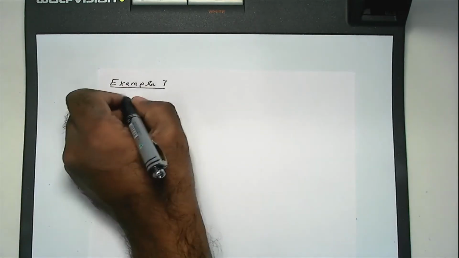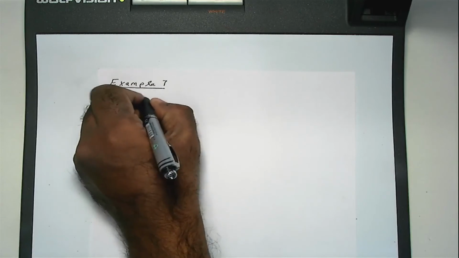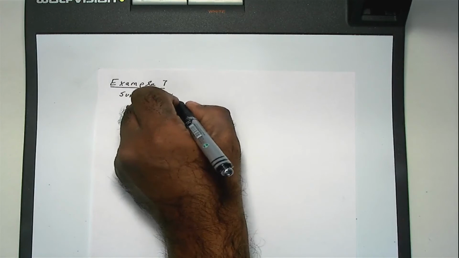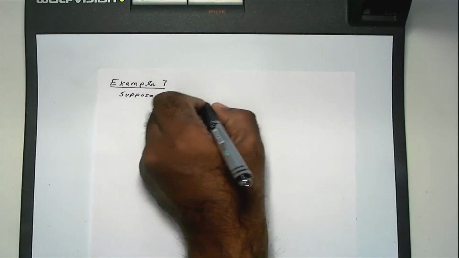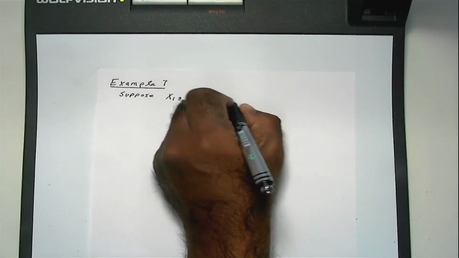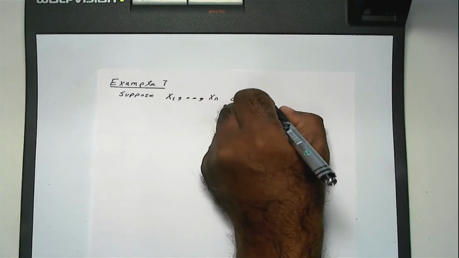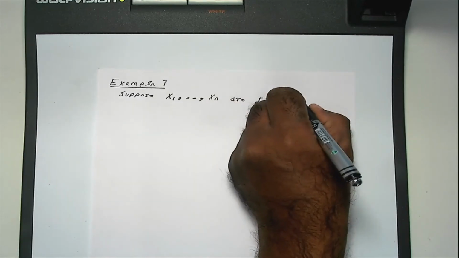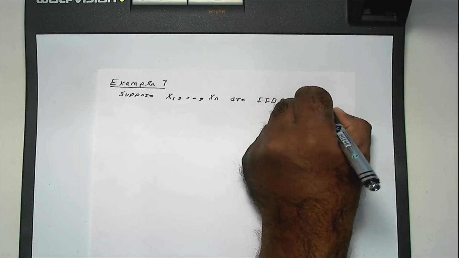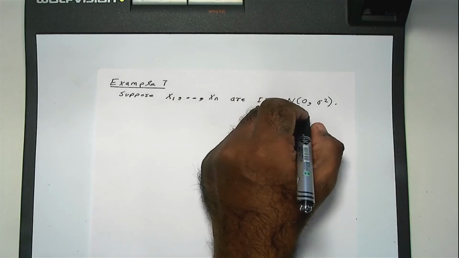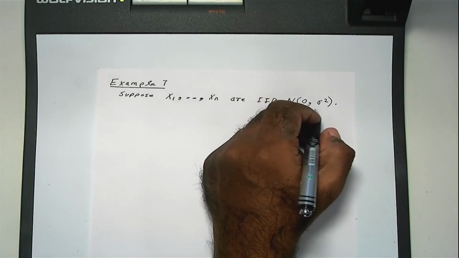Suppose you have a random sample from a normal distribution with 0 mean and variance sigma squared.